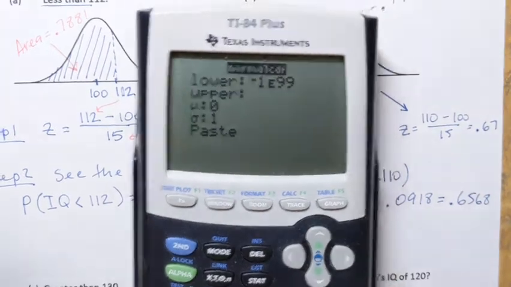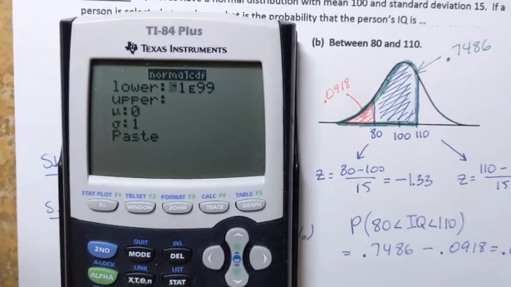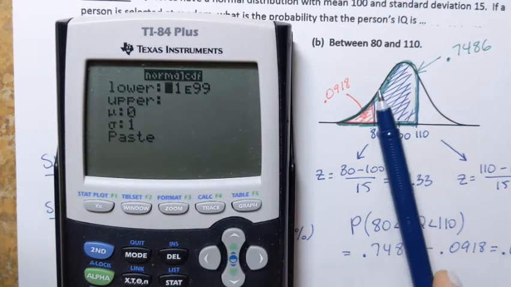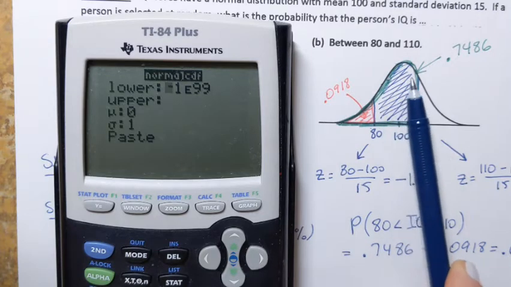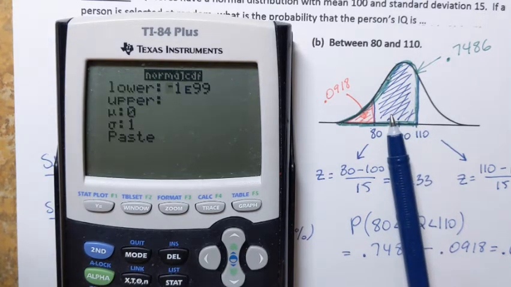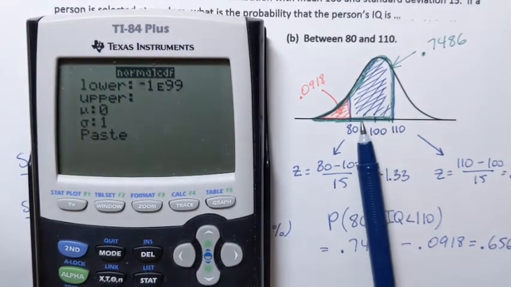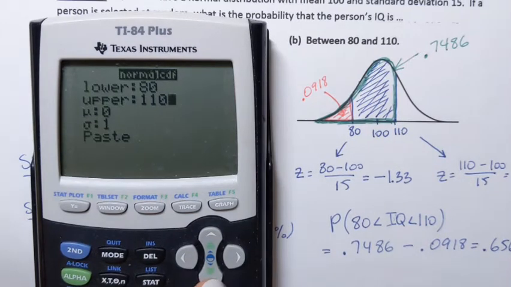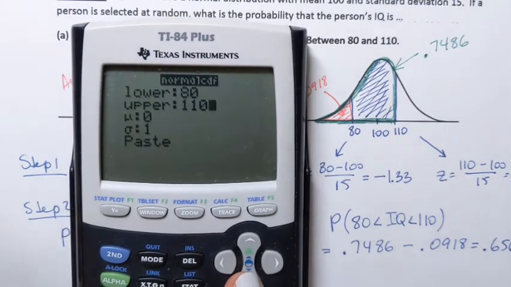If we try this for question B, the one we just did, the region for which I have to find the area and interpret it as probability is bounded by the numbers 80 and 110, right? So the lower boundary, the one that's on the left, is 80, so I'm going to enter 80, and the upper is 110. Then you should recognize the next two, right?